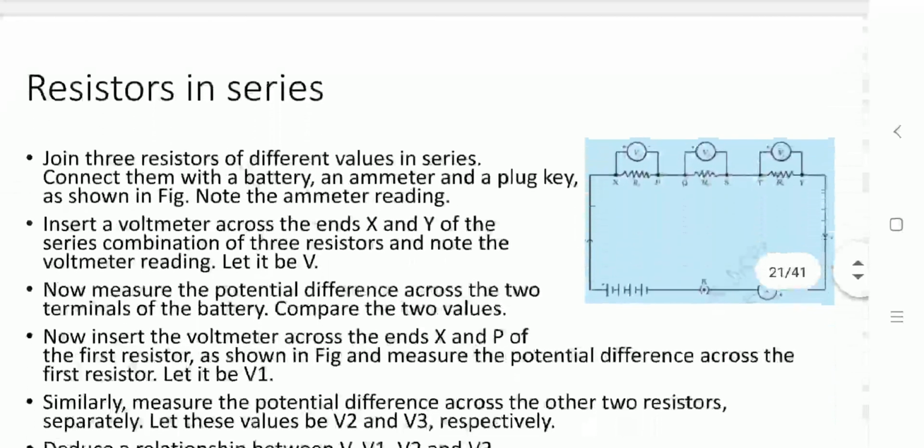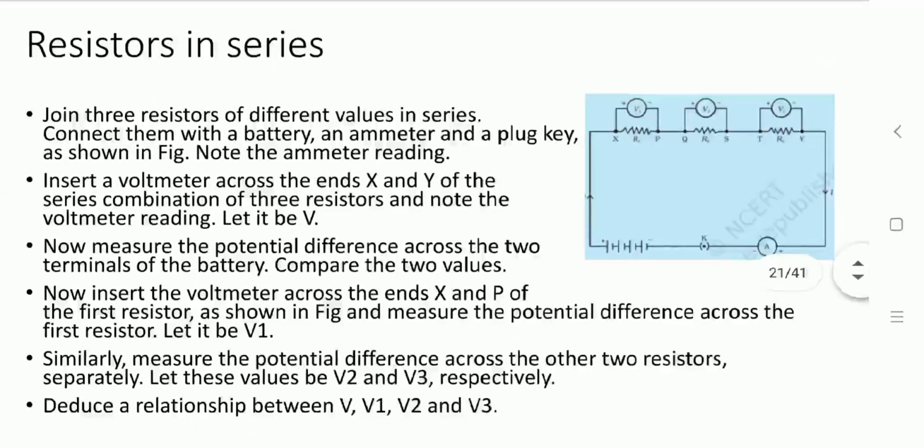Now, try to measure the voltage difference across individual resistors. So parallel to R1, keep the voltmeter first and measure its value V1. Next, keep the voltmeter across R2 and measure its voltage difference as V2.